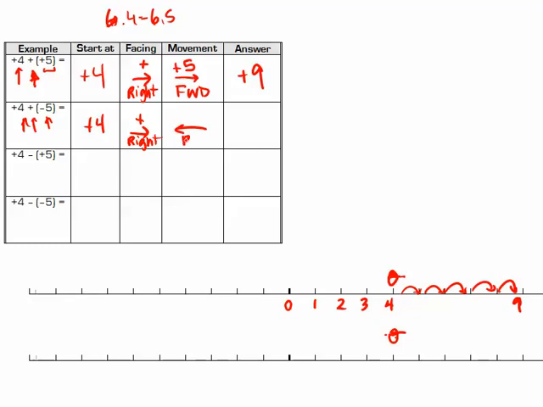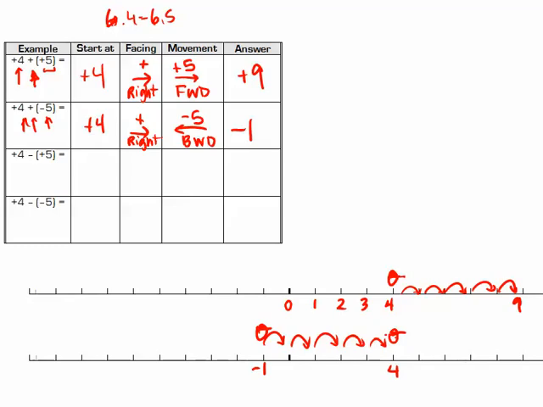So he has to move backwards, thinking about how he was stepping 5 steps ago. 5 steps ago he was here at negative 1. So the solution to positive 4 plus negative 5 is that I started at positive 4, I'm facing addition, but 5 steps ago, which means if I retraced my steps or moved back in time 5 steps, I was at negative 1. So that's what that negative means.